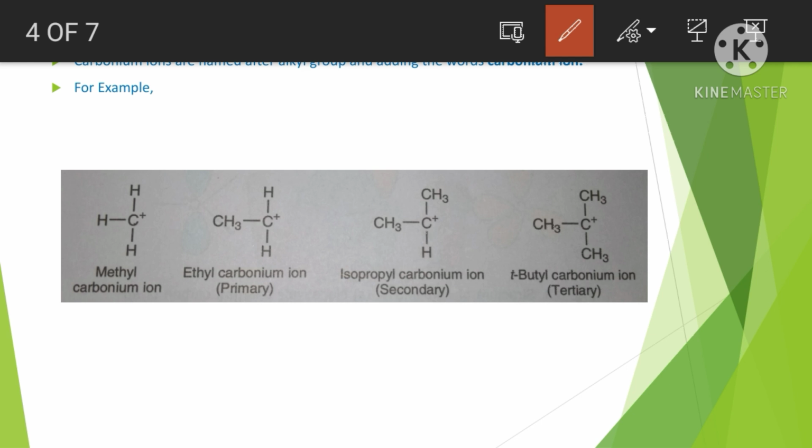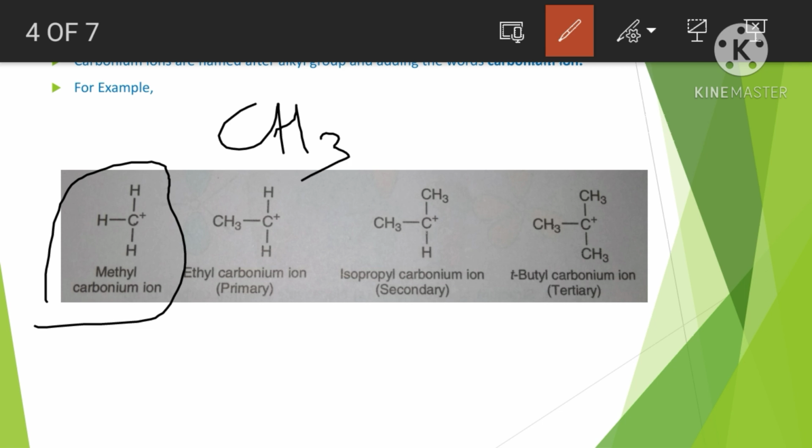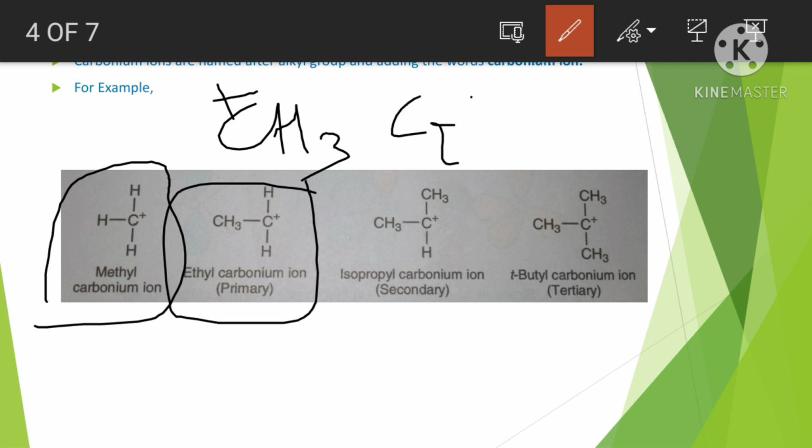Okay, the carbonium ions are named after the parent alkyl group, adding the word carbonium ion or carbocation. This is the example. Here CH3 is a methyl group, and CH3 plus is methyl carbonium ion. C2H5 is an ethyl group. Here positive charge is on the carbon atom, so it will be called ethyl carbonium ion.